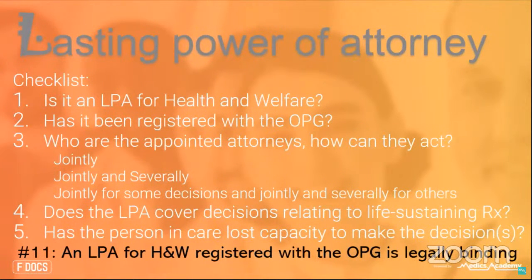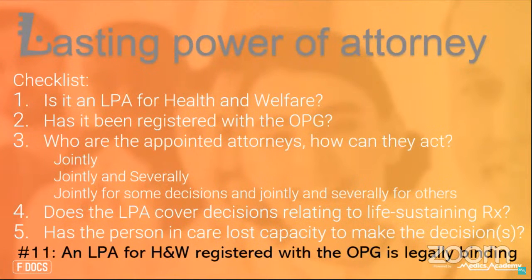You then want to ask who have been appointed as attorneys and how have they been appointed to act. So people can appoint a single attorney, then it's quite straightforward. But if they've appointed more than one, they can either appoint them to act jointly, which means that they both have to make decisions together. You can't allow one to make a decision without liaising with the other attorney, or severally, which means either or.